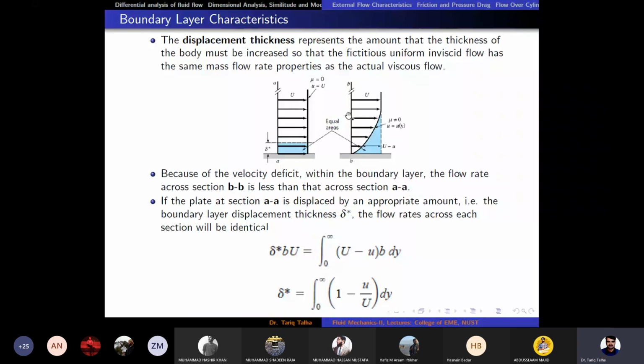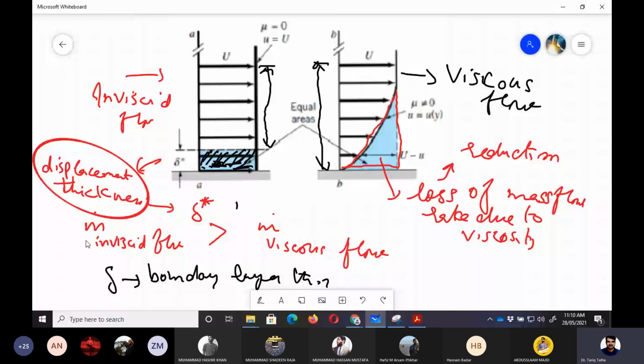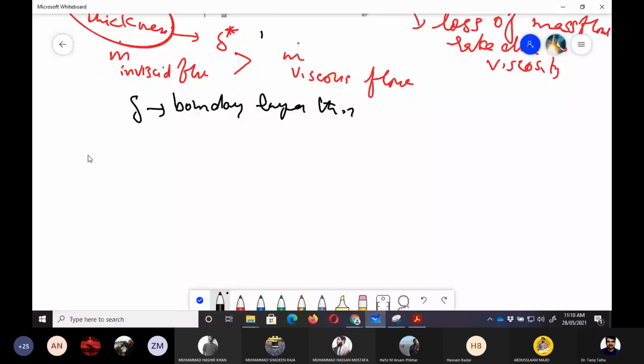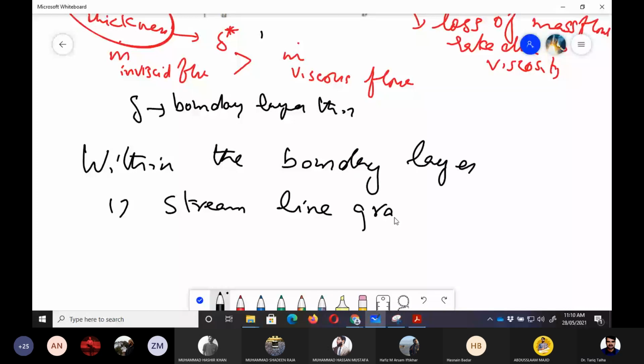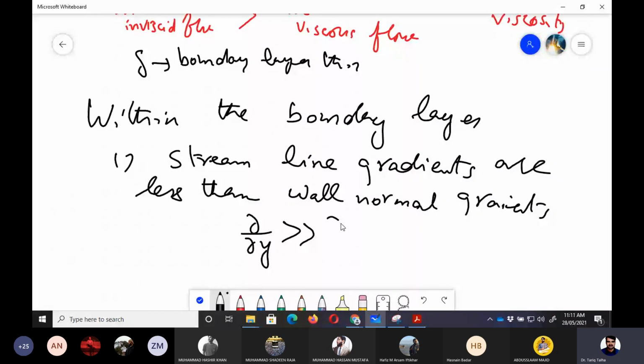So the first thing we can say is that within the boundary layer, streamline gradients are less than wall normal gradients, or mathematically, partial upon partial y is greater than partial upon partial x when y is less than or equal to delta, which is the boundary layer thickness. So this is the condition.